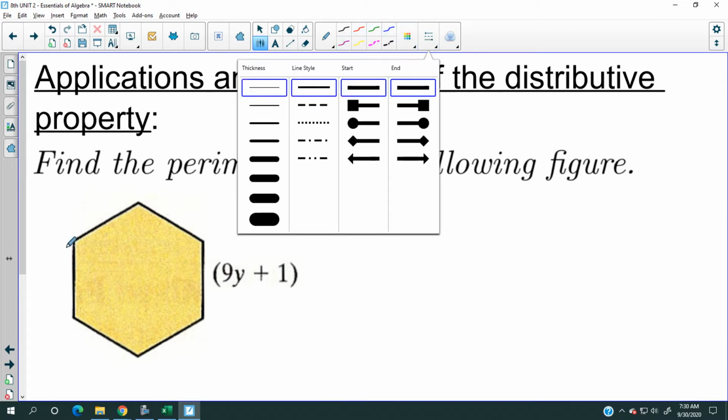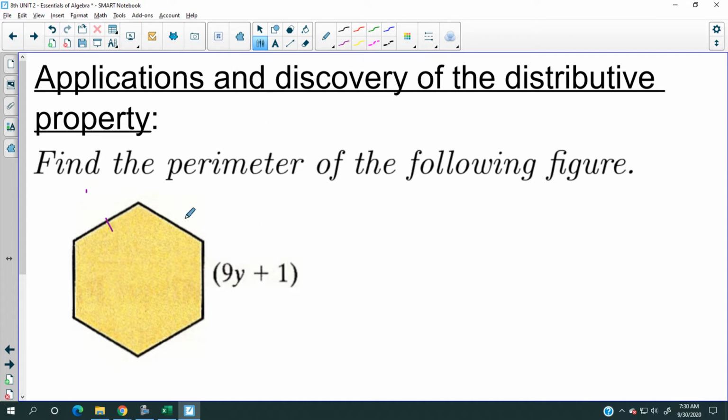Now, here we have a hexagon, and we know that this is a hexagon because it's got 6 sides. Not only that, here we have a regular hexagon because we have 6 equal sides. Now, here's the question: how do you find the perimeter of this shape? I'm sure many of you will say, Mr. Ng, you just add all of these up.